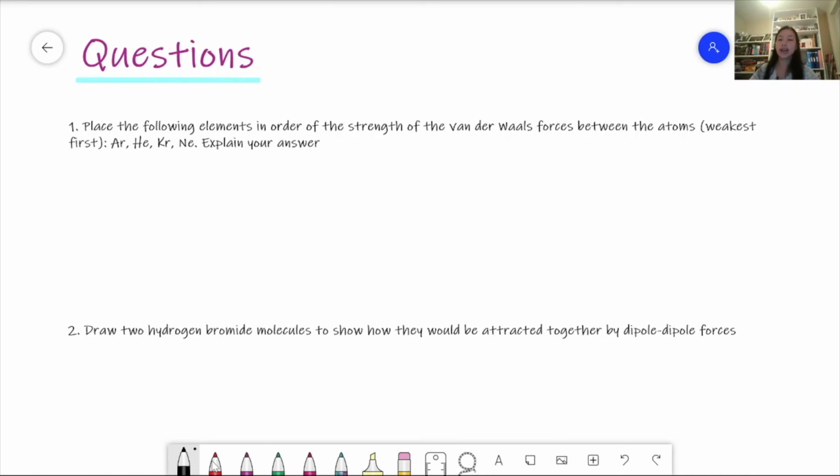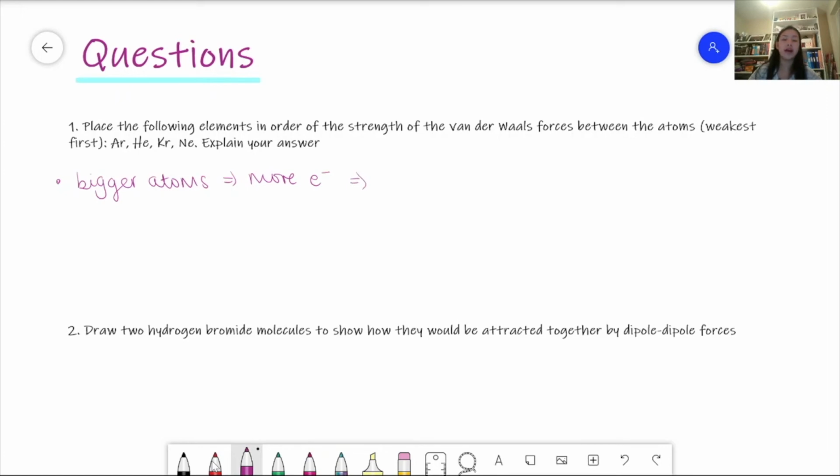The first question asks to place the following elements in order of strength of the van der Waals forces between the atoms, weakest first. So we learned before that if you have bigger atoms, that means more electrons.